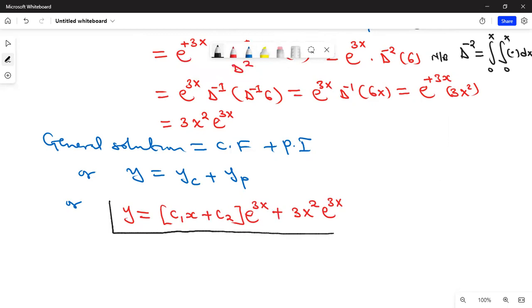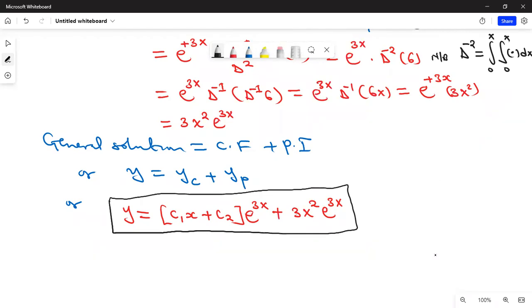So this is our general solution. If you are given some initial conditions to apply, those will help you find the values of the arbitrary constants c1 and c2.